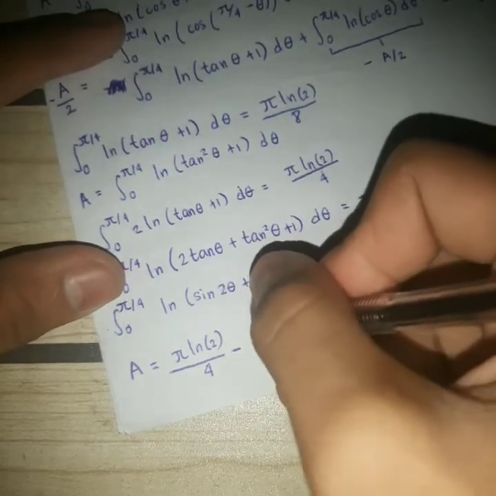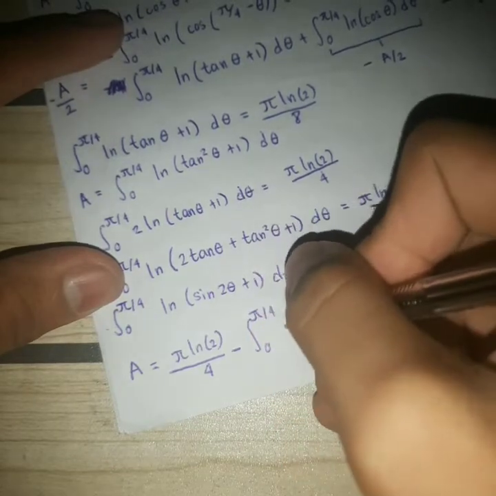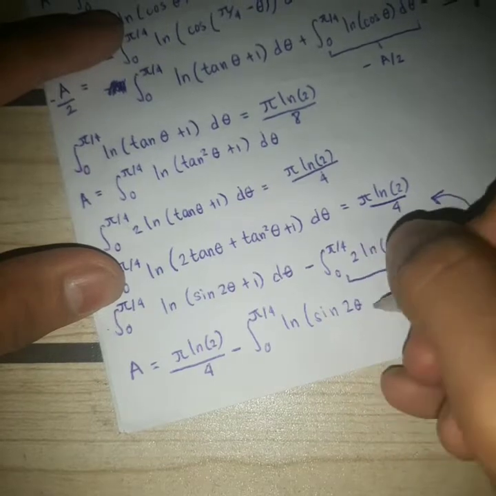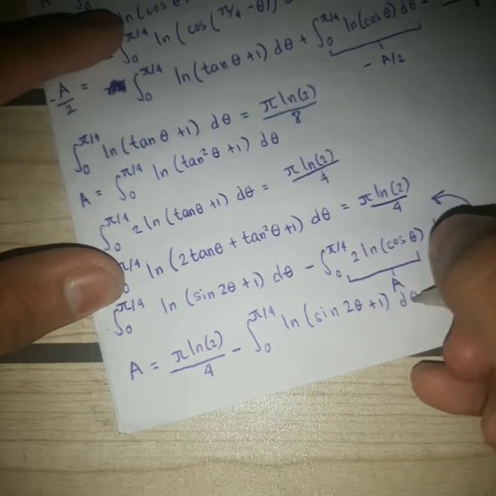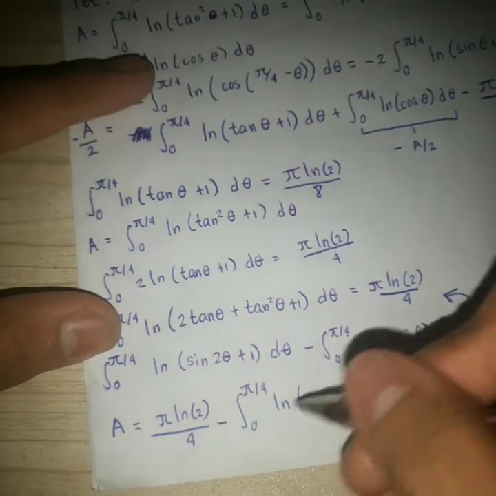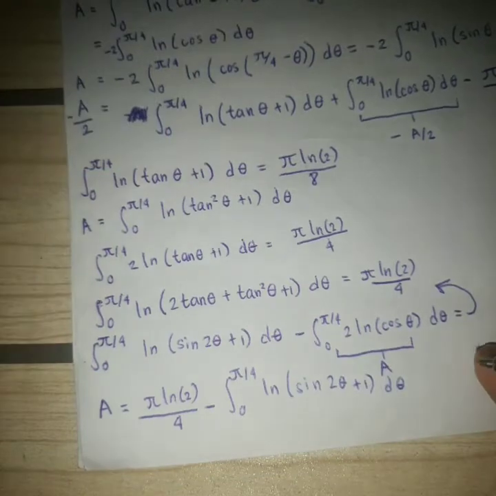So this is minus the integral from 0 to pi over 4 of ln(sine 2 theta plus 1) d theta. So now we will be focusing first on this integral.